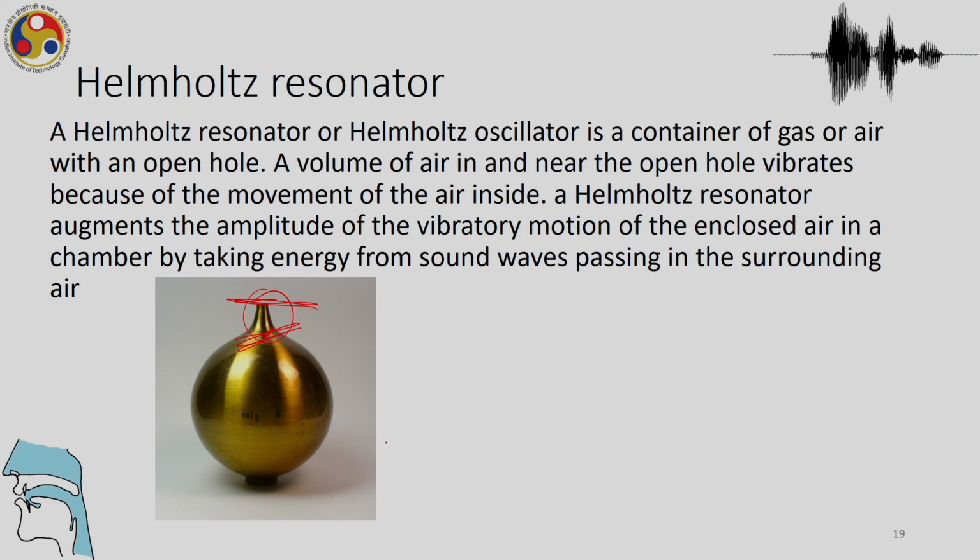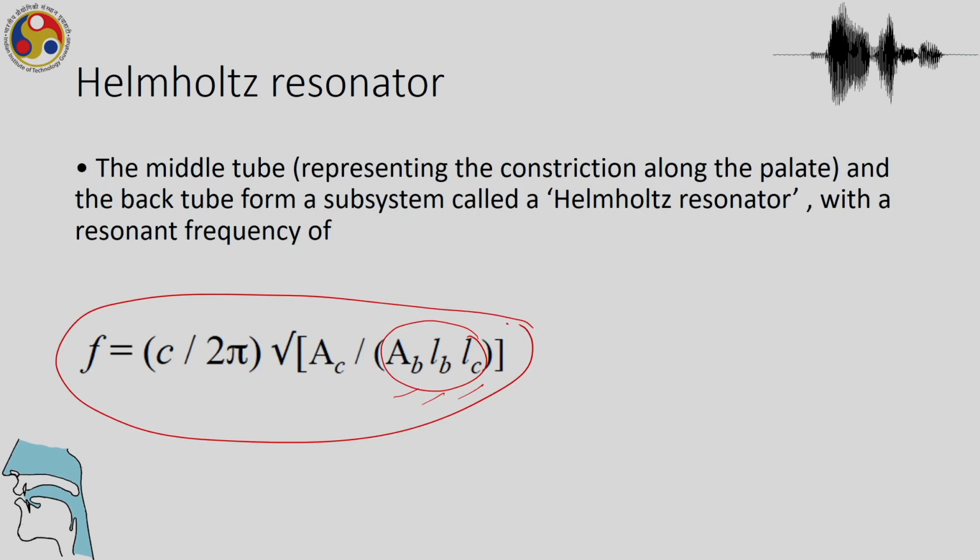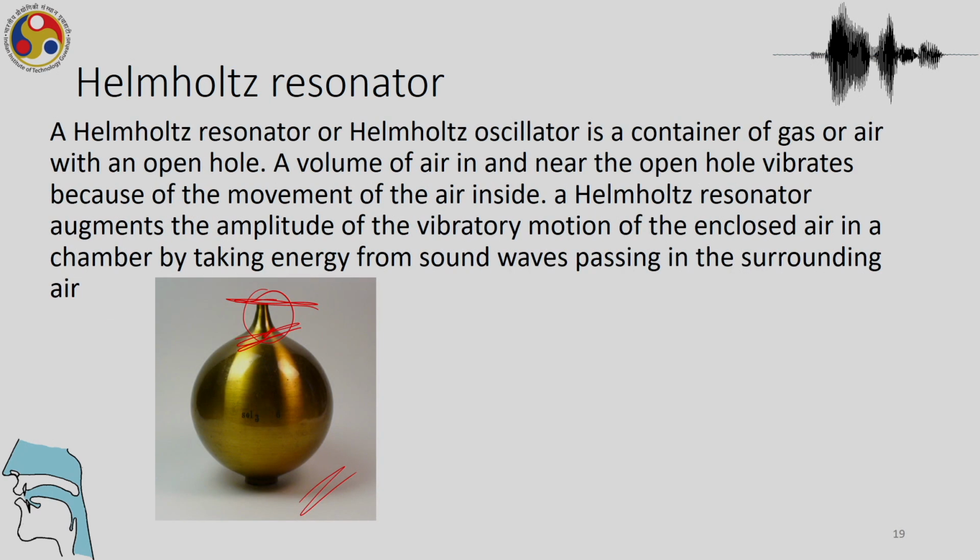This is what a Helmholtz resonator actually looks like, and the middle tube in the production of the vowel E is supposed to approximate a Helmholtz resonator.